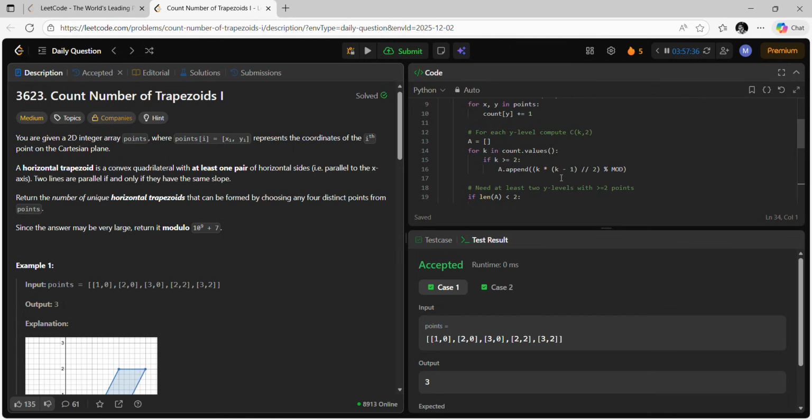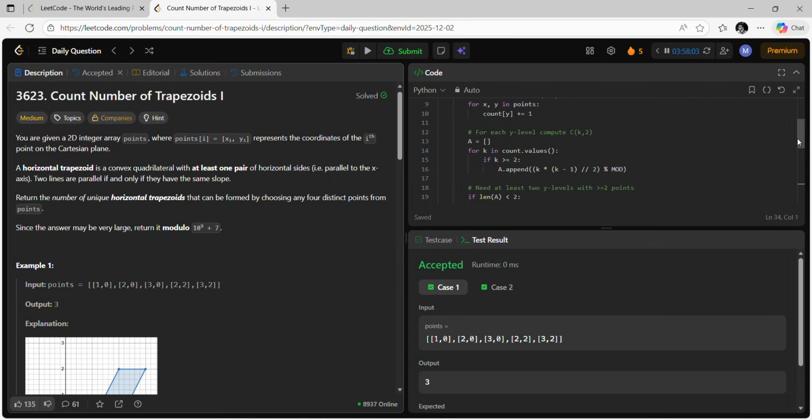Here for each y level, let k be the number of points. You can form C(k, 2) pairs of points on that level. If k is less than 2, you cannot form a horizontal line. So a becomes a list of the number of horizontal segments per y level.